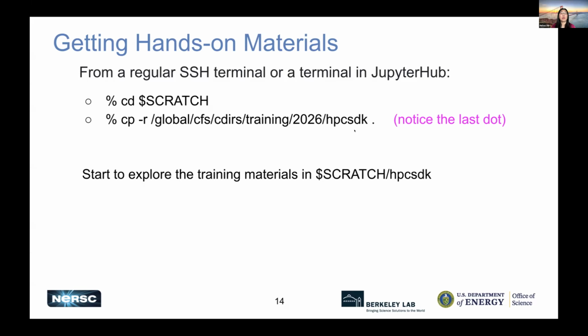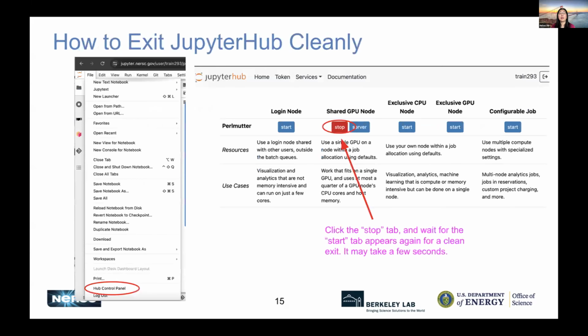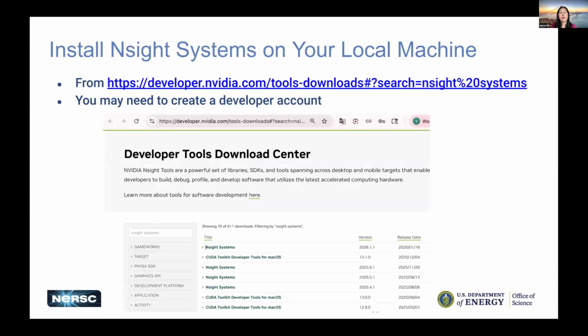Then you can start to explore the materials in scratch HPC SDK. To exit JupyterHub cleanly, go to the File menu, then Hub Control Panel, and click Stop. Otherwise, you'll still have the node for about 6 hours. It's a waste, so when you're done, please exit cleanly.